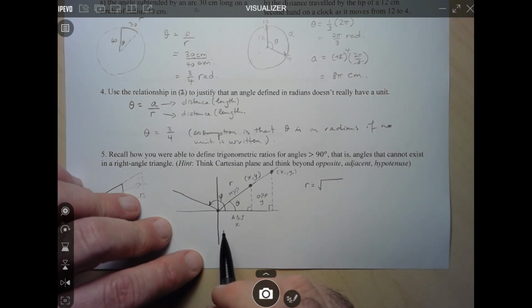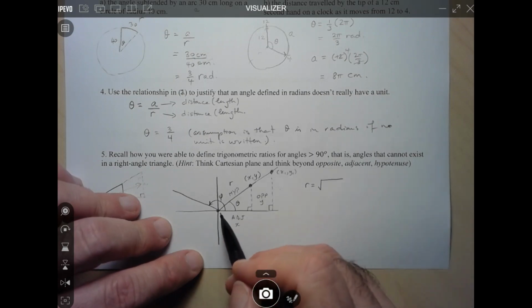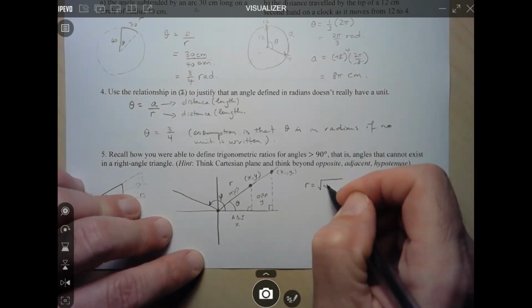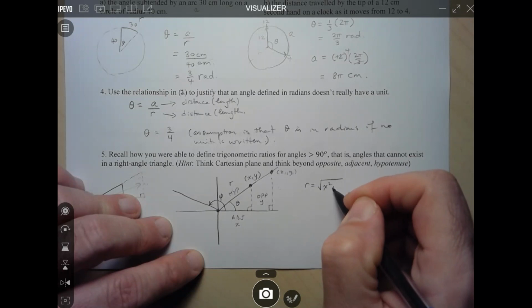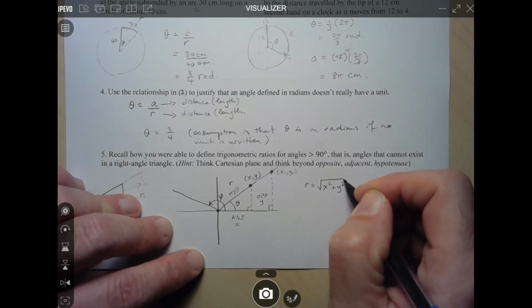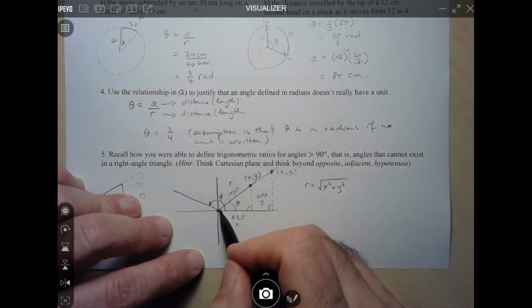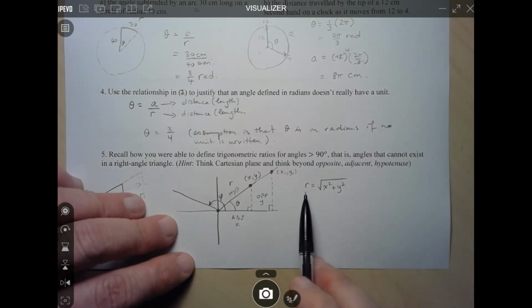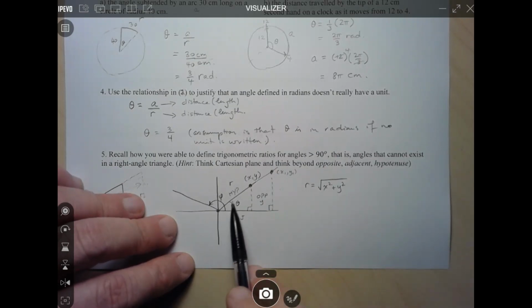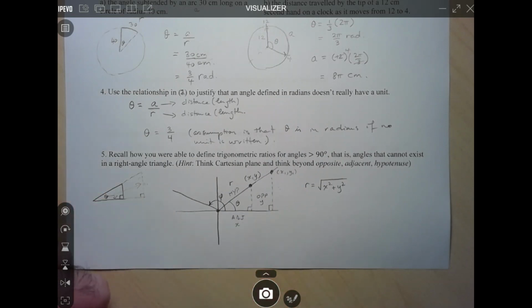And what is the distance formula? Well, it's (x minus 0) squared, which is x squared, plus (y minus 0) squared. If you're not sure about this, go back and check the distance between two points on the Cartesian plane, and we realize that this distance formula is equivalent to Pythagoras in the acute triangle.